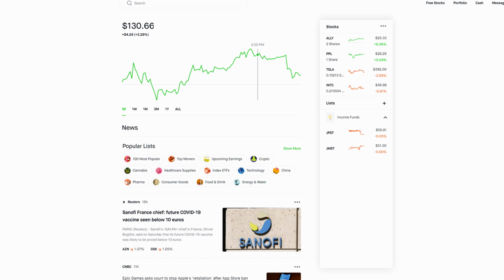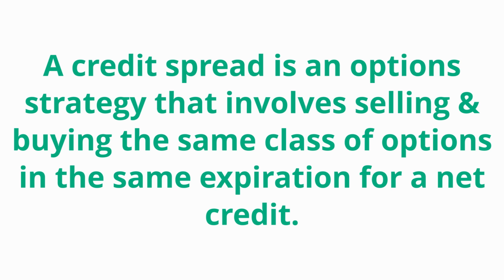Now that you know these terminologies, what are credit and debit spreads and how do you place these trades in Robinhood? A credit spread is an option strategy that involves selling and buying the same class of options in the same expiration for a net credit.